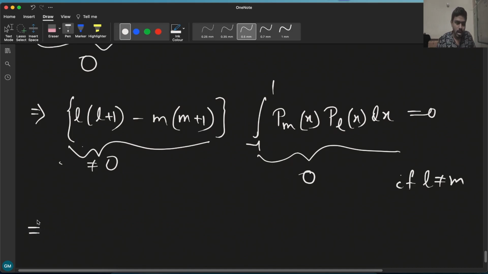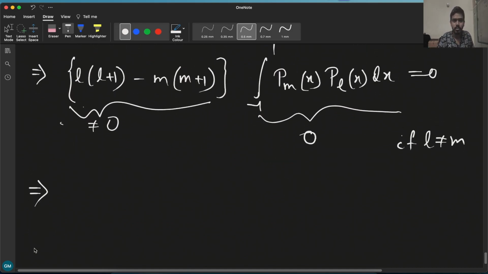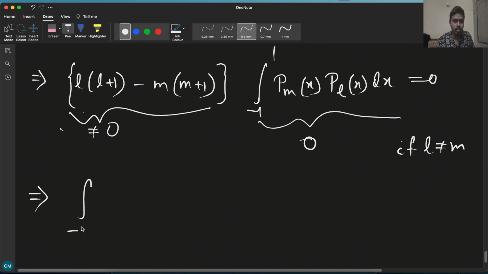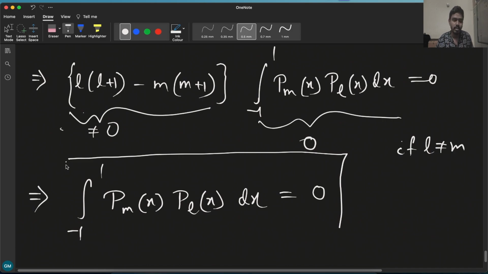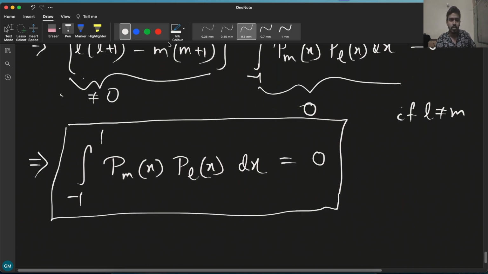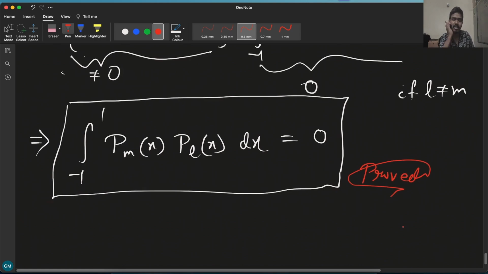Okay, and hence it is proved that for M not equal to L, Pm(x) and Pl(x) are orthogonal, or the inner product, the dot product, between Pl(x) and Pm(x) is 0. So, proved that Pl(x) and Pm(x) are orthogonal.